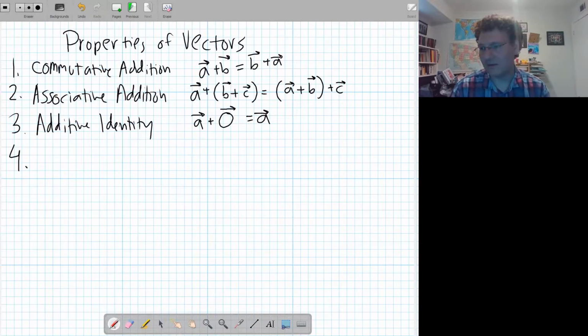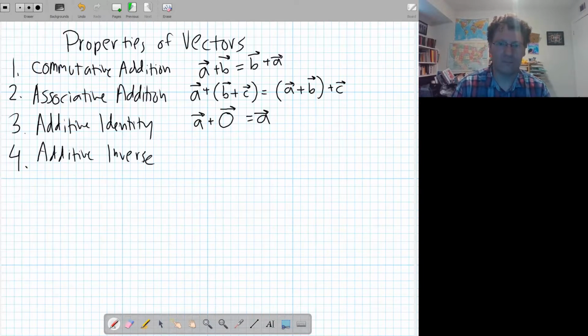The, let's see, additive inverse. A plus negative A is going to give you the 0 vector. Again, since vectors are built of real numbers, all of these properties are going to follow.